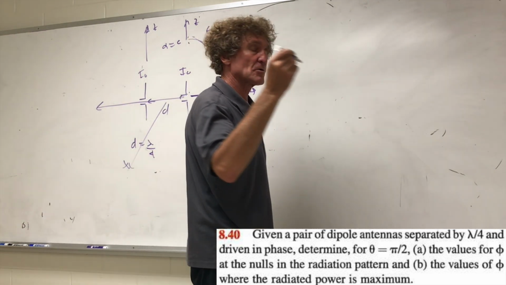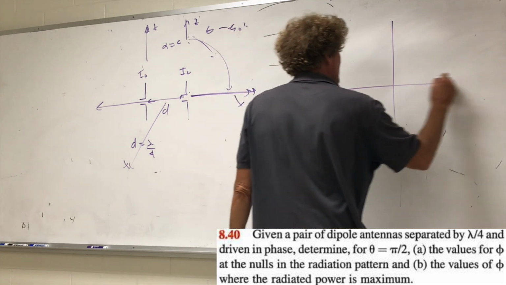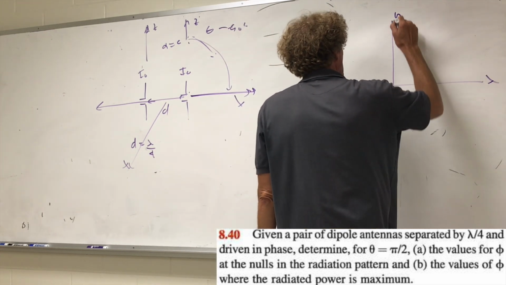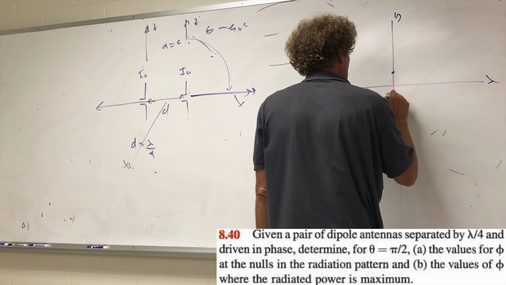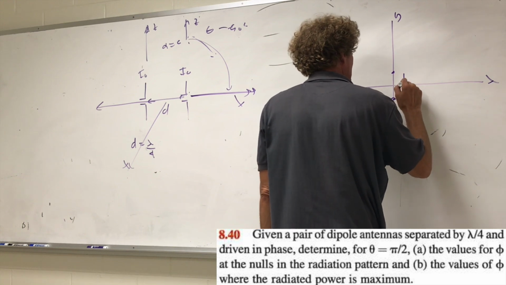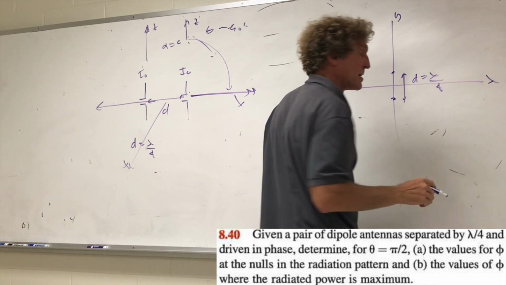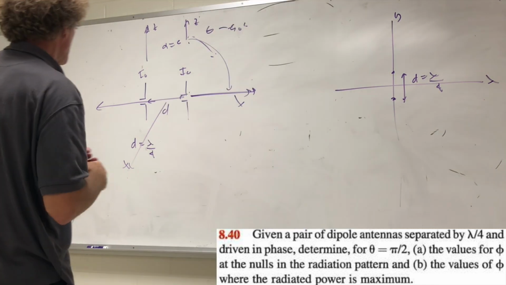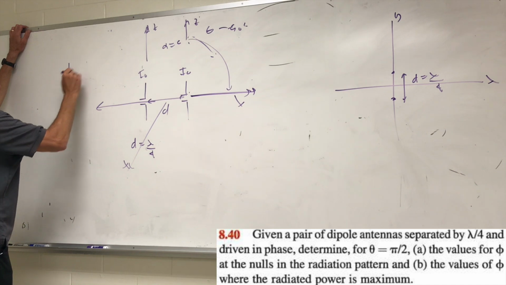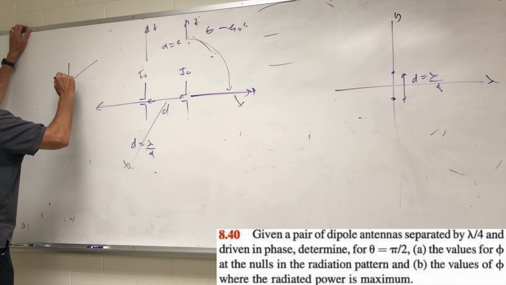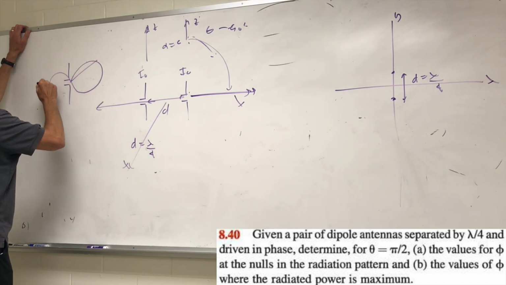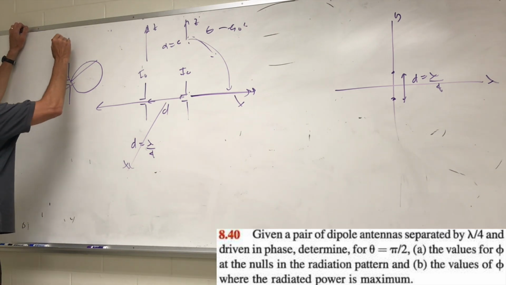So I'm going to look right down the z-axis. Here's x, and here's y. Now we have two antennas, and they're spaced d equals lambda over 4 apart. The reason I'm saying that is that if you look at these dipoles, the actual field pattern varies in the theta plane, as a function of this angle right here.